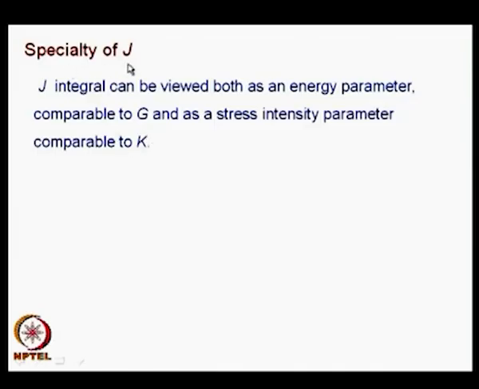The speciality of J is that it can be viewed both as an energy parameter comparable to G and as a stress intensity parameter comparable to K. And in fact, we had looked at in the last class the energy definition of J. In the case of a nonlinear elastic solid, it is very similar to G, and in the case of a linear elastic solid G and J are identical.